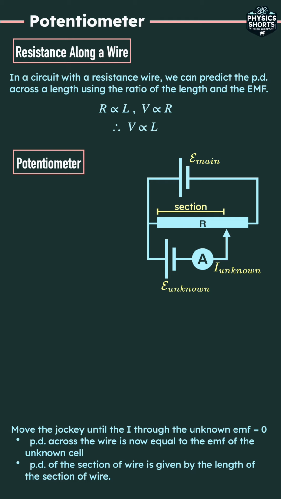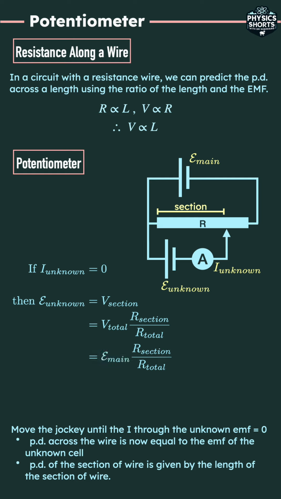So, if the current through the unknown EMF is equal to 0, the EMF of the unknown is equal to the voltage of the section, which is equal to the voltage of total times the proportion R section over R total, which is equal to the EMF of the main power supply multiplied by R section over R total, which is equal to the EMF of the main power supply multiplied by the length of the section divided by the total length of the resistance wire.